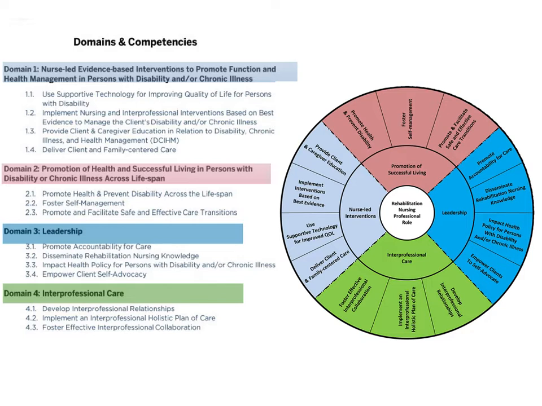The third domain is leadership, and the fourth domain is the interprofessional care. We will visit each domain in the next slides. What I really like about our competency model is that it centers us in the middle, like so. And we're surrounded by the 4 domains and competencies that we should develop to be good rehab nurses.